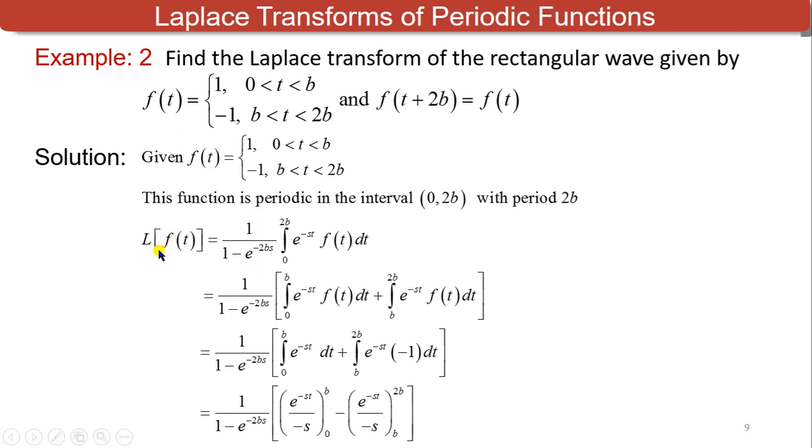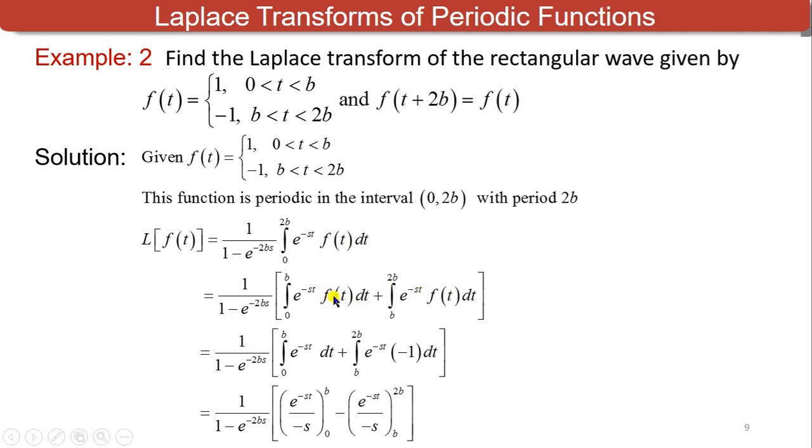Now we can apply the Laplace transform of the periodic function, which can be written as 1 by 1 minus e power minus 2bs times the integral over the limit 0 to 2b of e power minus st into f of t. The given function is divided into two different functions. First function is 1, the second function is minus 1.